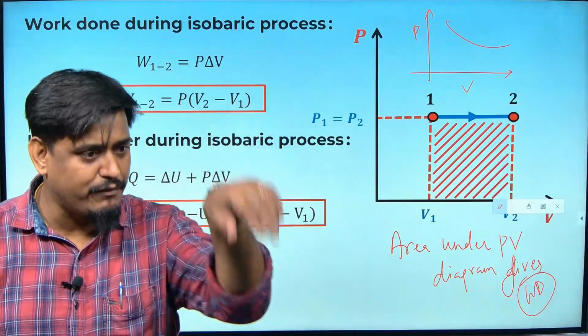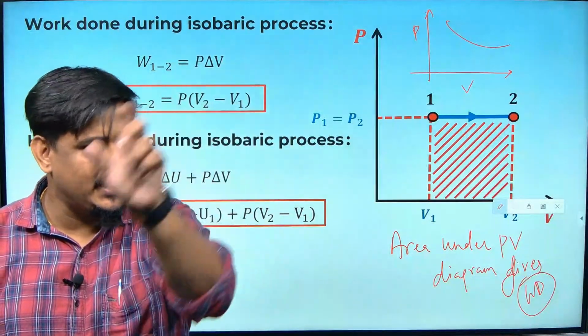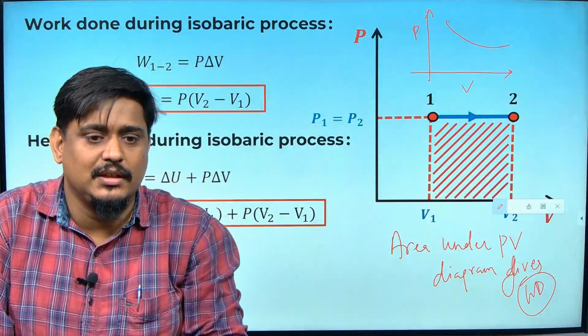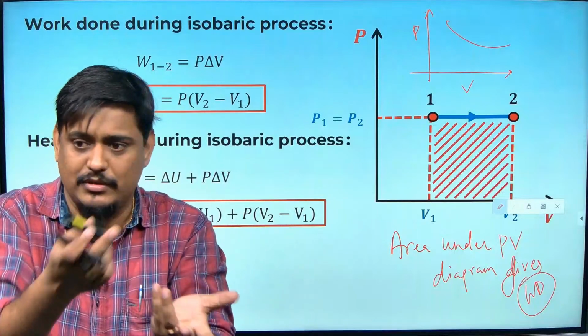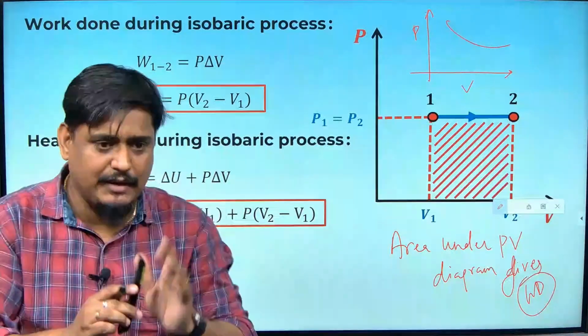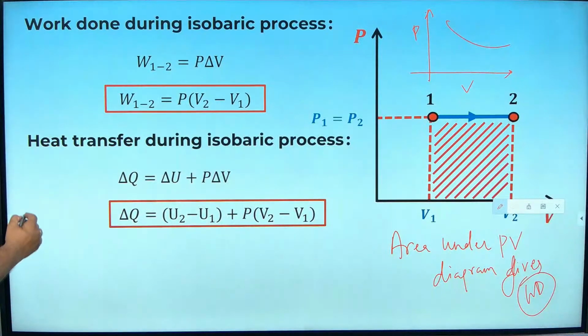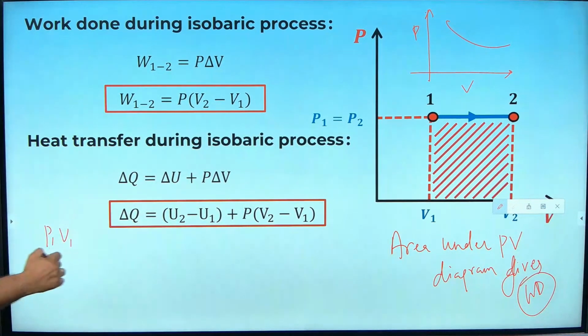What you will do in a graph, you will plot P1 V1, P2 V2, join the line, find the area below it. One triangle, one rectangle, or one triangle, one square, or maybe anything. Are you getting? Suppose, not in this question, this is isobaric, so pressure will be constant. But if I give you the value of P1 V1 in terms of coordinates, I give you P2 V2 in terms of coordinates, and I ask you what is the work done from here to here. What you will do?